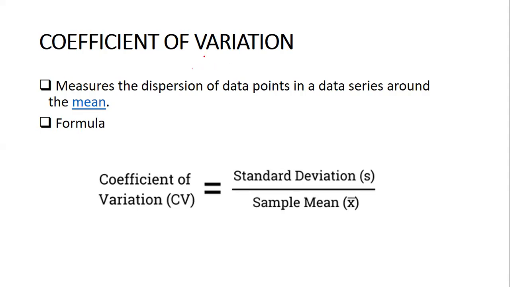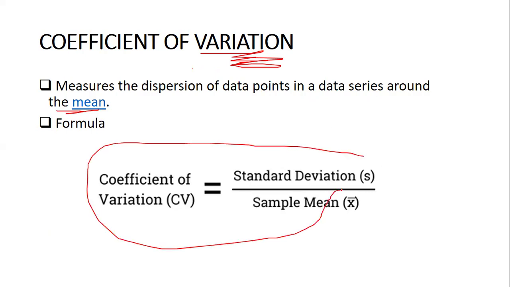So I was saying the coefficient of variation measures the dispersion of the data points in a data series around the mean. So all this doesn't matter. What's most important is the formula here. In the exam, you'll be required to calculate the coefficient of variation, right?